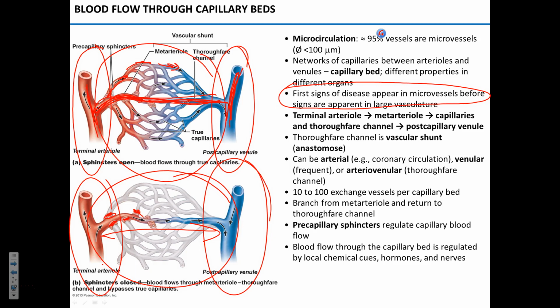Basically, vascular shunt is the example of anastomosis. So anastomosis, in this case, it's the arteriovenular anastomosis. Anastomosis can be arterial, between arteries, venular, between veins. Veins anastomose a lot, much more frequently than arteries. Now not today, we're going to talk about how blood flow through the tissue is regulated, mainly by hormones, chemicals, and a little bit by nerves.